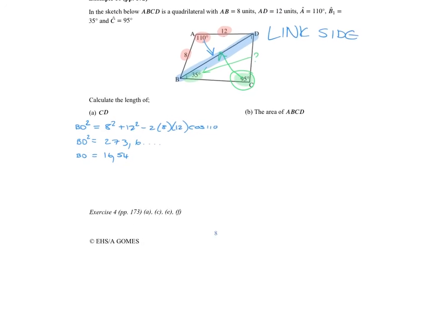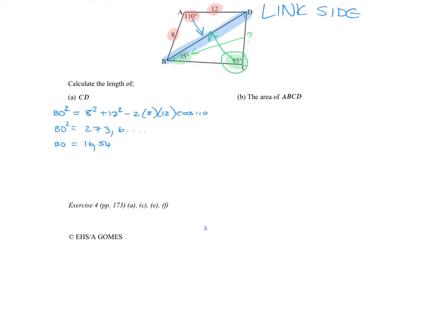All right, then they want the side DC. So now we have some information here. So now we know that this is 16,54. We've got the side opposite, so here's the angle opposite, sorry. So we have a complete pair. We've got an angle and we need this side, so we can use the sine rule. So we have DC over sine 35 is equal to 16,54 over sine 95.